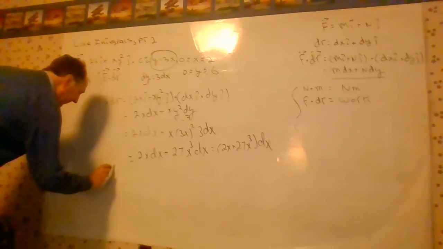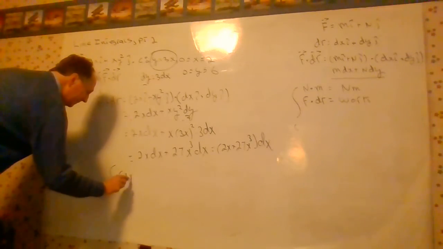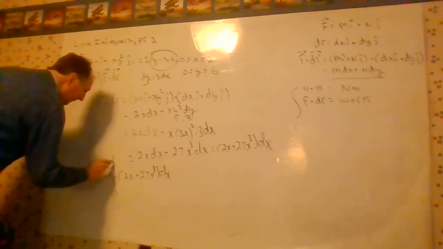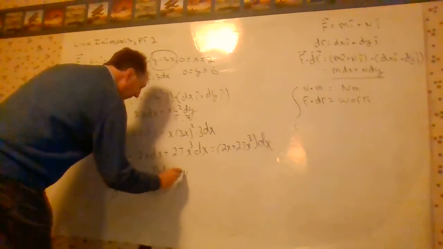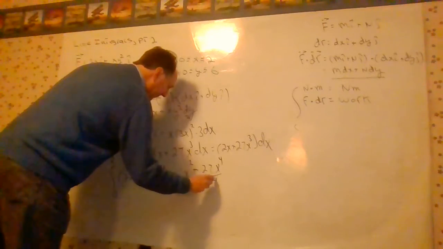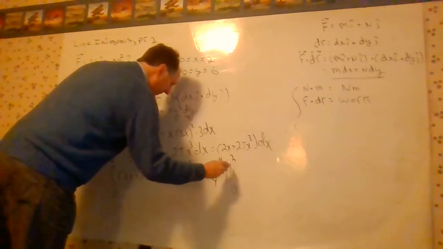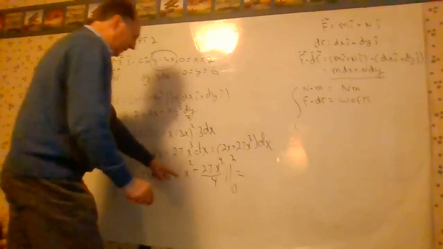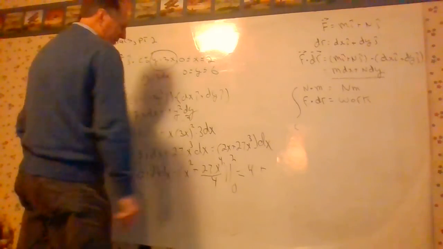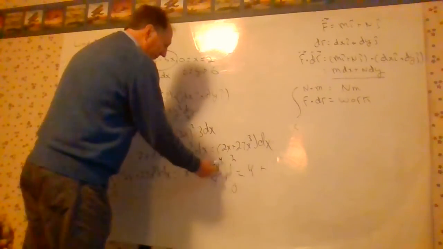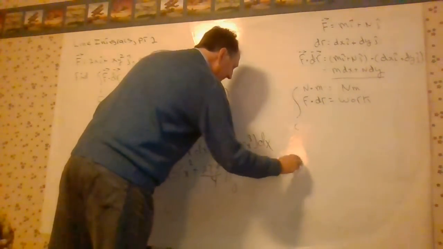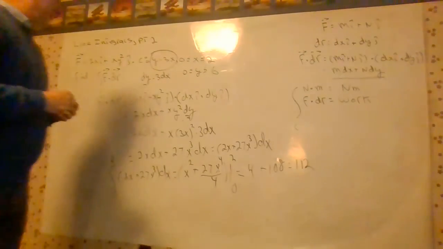And now, of course, we want to integrate this from 0 to 2, and we get x squared plus 27x to the fourth over 4 from 0 to 2. That gives us 2 squared, which is 4, and then 27 times 2 to the fourth is 27 times 16, over 4, 16 over 4 is 4, 4 times 27 is 108. And sure enough, we get the same answer, 112.